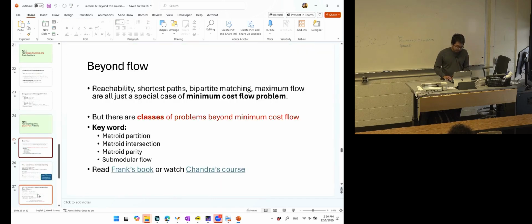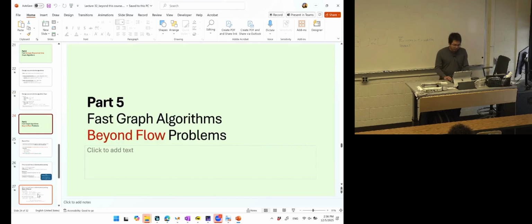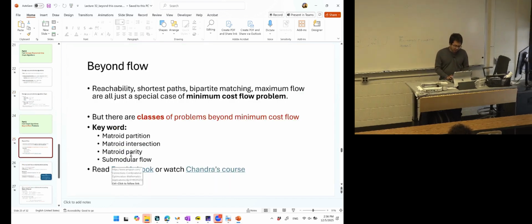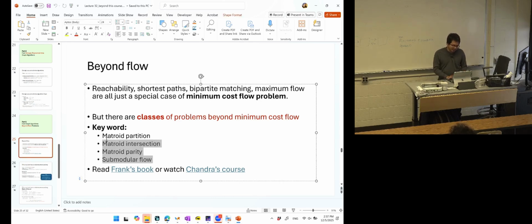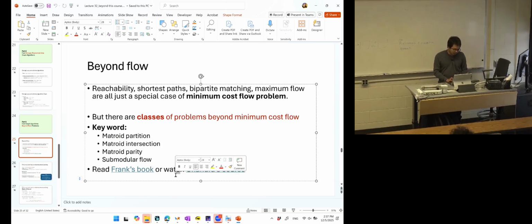Beyond flow problems, there are many problems that go beyond flow, something about matroids, and there is a course about this that you can have a look at if you like.